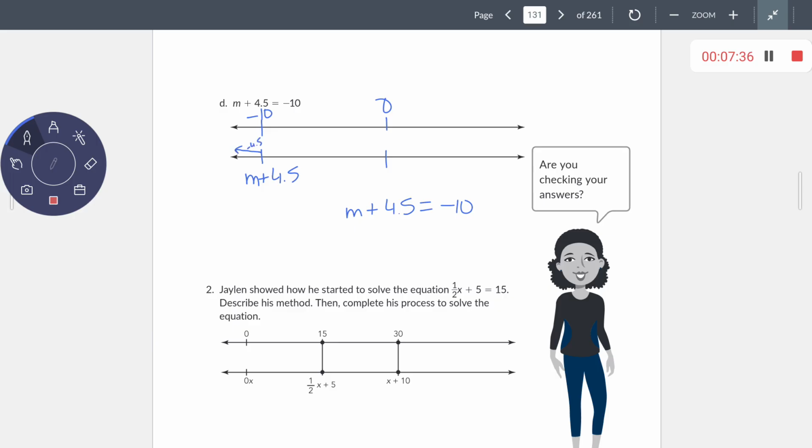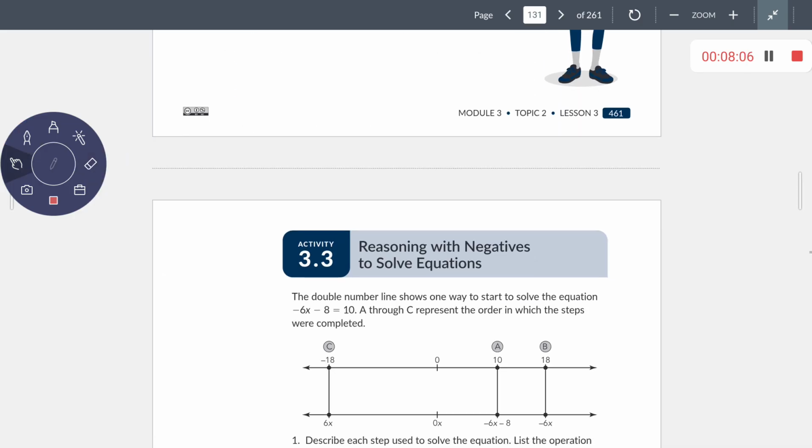When I get rid of that plus 4.5, it becomes m here. So as you can tell, this is a good example right here of same sum add. We're adding to the left, okay? It's getting more negative, okay? We already solved this one.